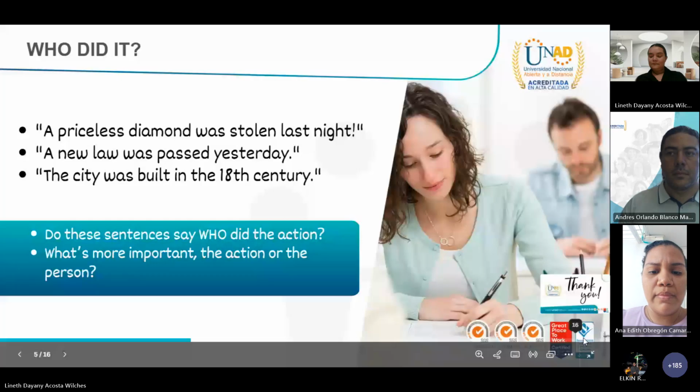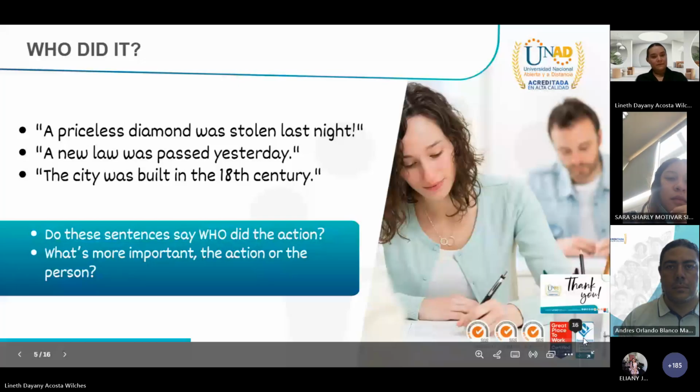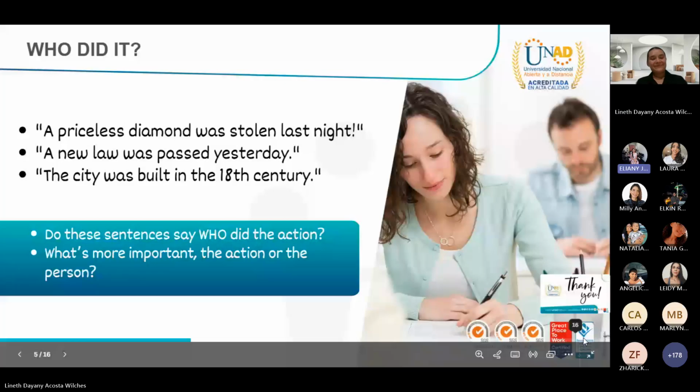The action. Okay. The sentences don't say who did the action. Yeah, the most important thing here is the action, what really happened. Okay, thank you. What was stolen? The priceless diamond.